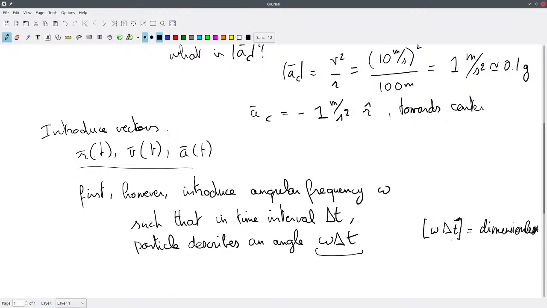We don't think of angles as having a dimension, and delta t has dimensions of time, then omega will have to have dimensions of inverse time, right? So that's why we call it a frequency. Frequencies are things that have units of inverse time. You can write omega however you want.